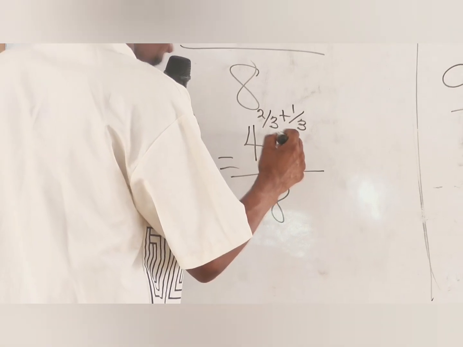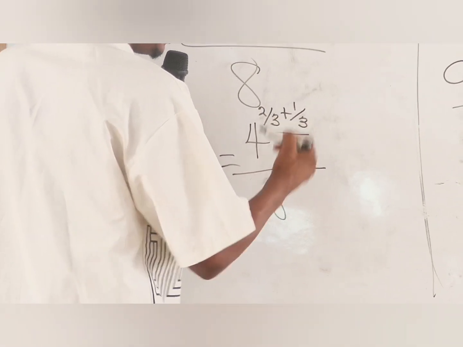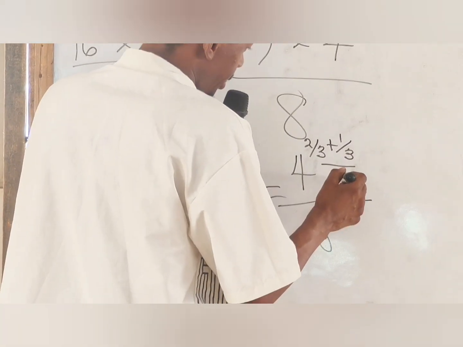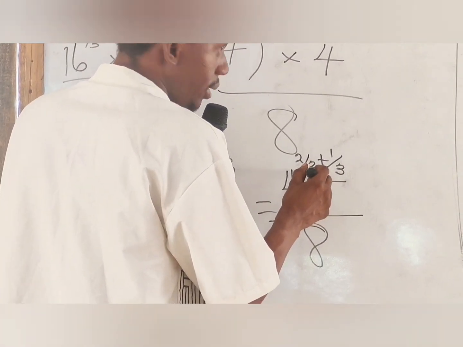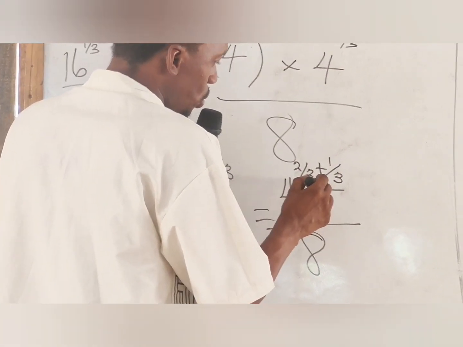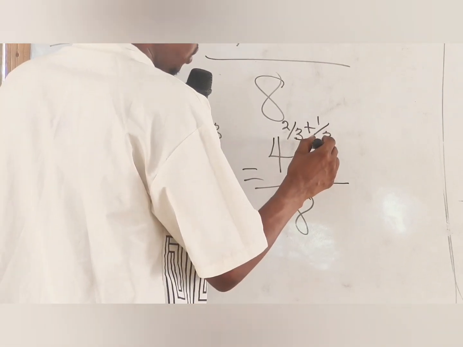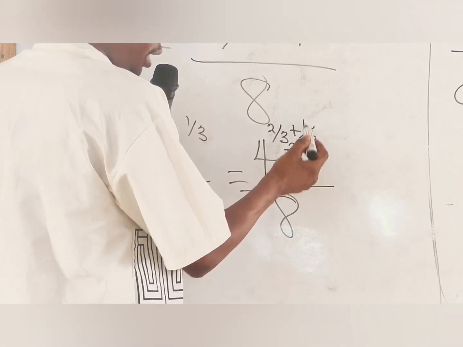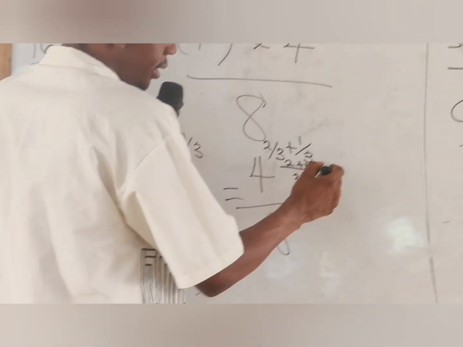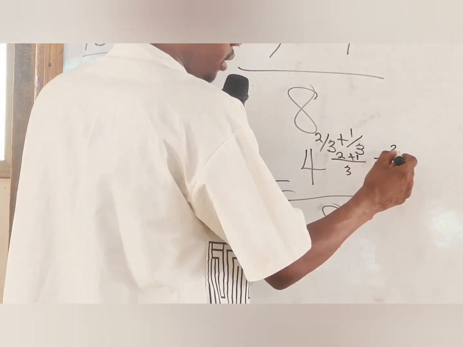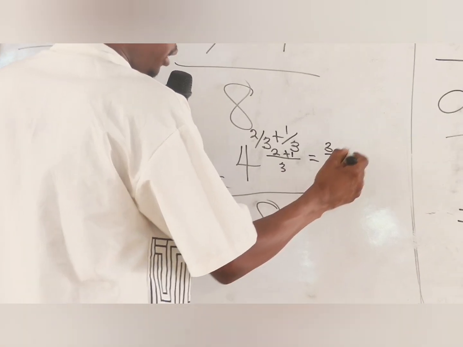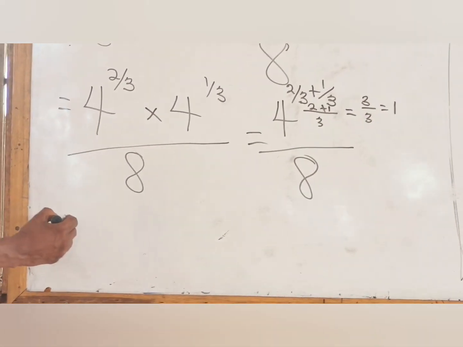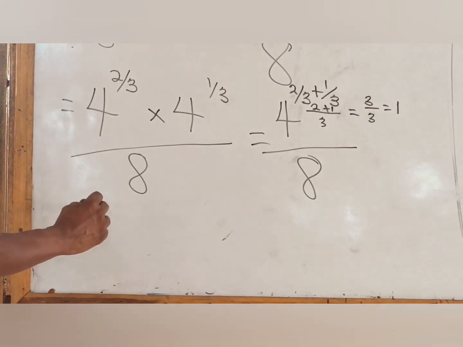So I have 7 here is 3. 3 divided by 3, 1, 1 times 2, 2. Plus 3 divided by 3, 1, 1 times 1, 1. 2 plus 1, 3. Over what? 3. What do you get? 1.